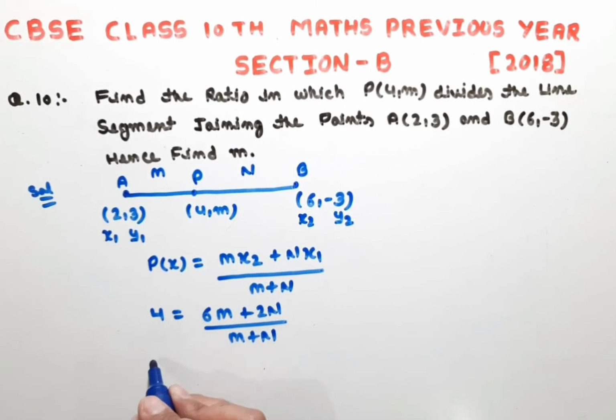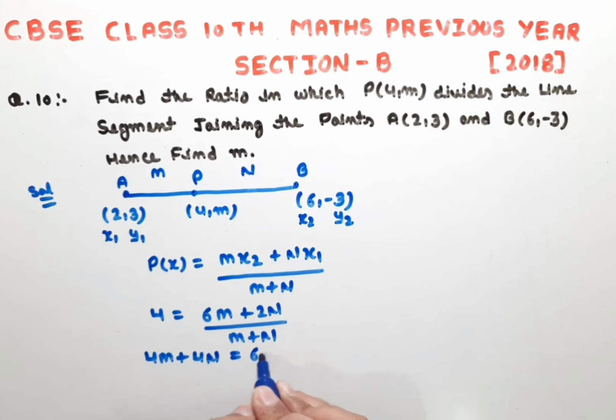Cross multiplying, 4m plus 4n equals 6m plus 2n. Taking m on one side and n on the other, 4n minus 2n will be 2n, and 6m minus 4m will be 2m.